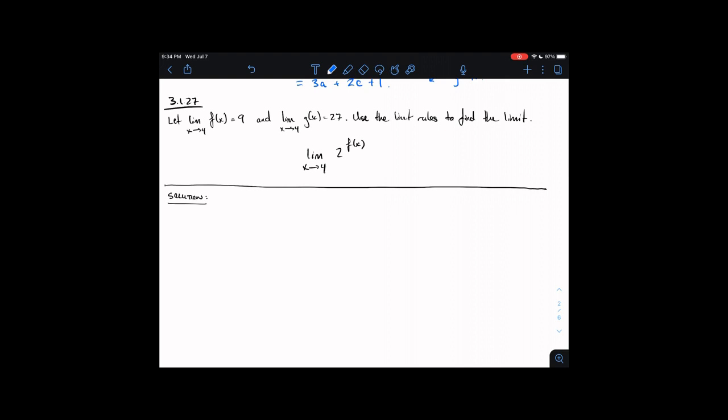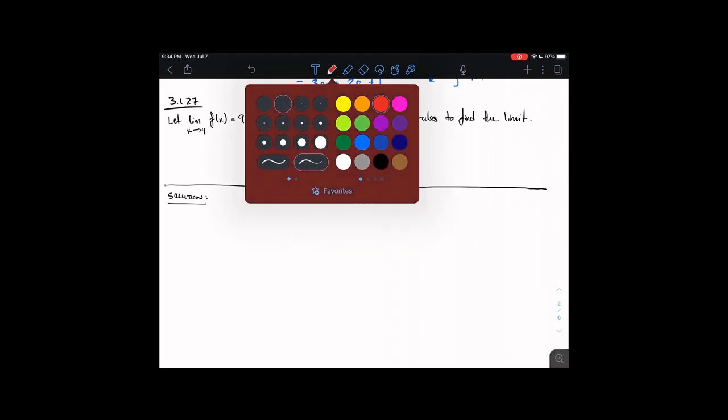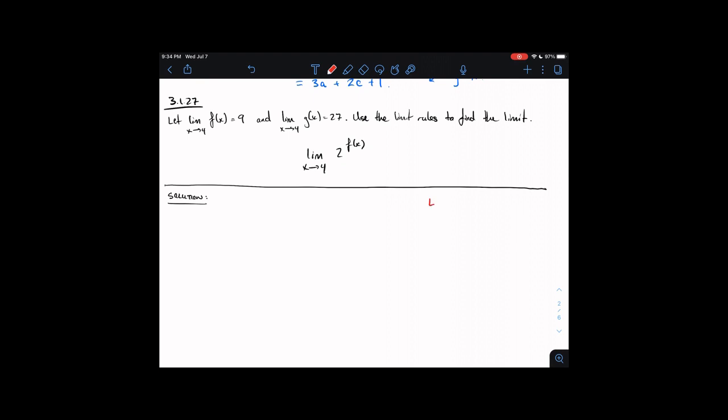Now this is pretty quick, because this is limit rule 8. I'll write it up over here. The reason I call it limit rule 8 is because it's 8 on the table on page 140.